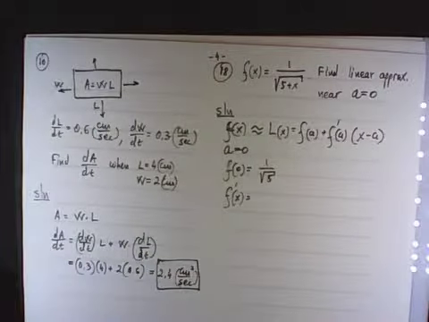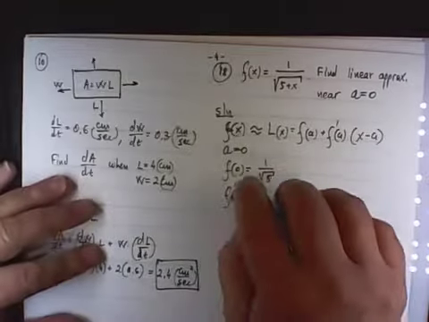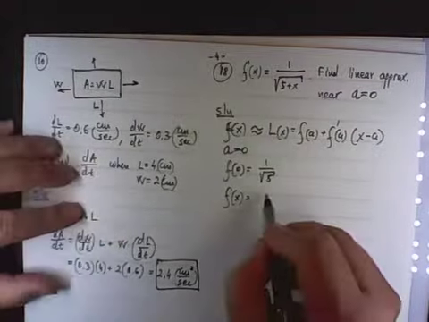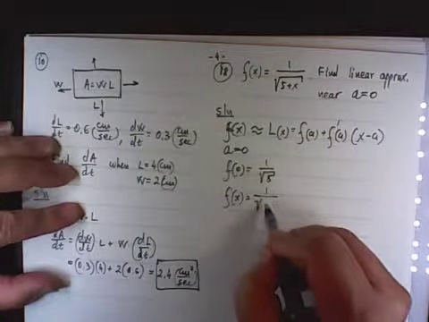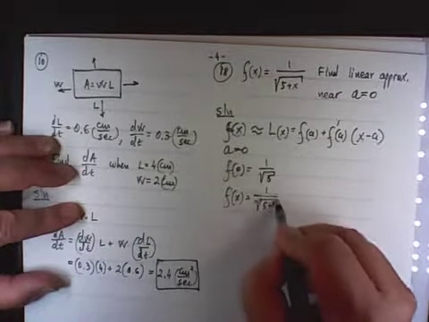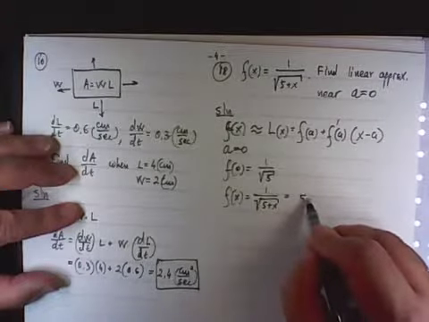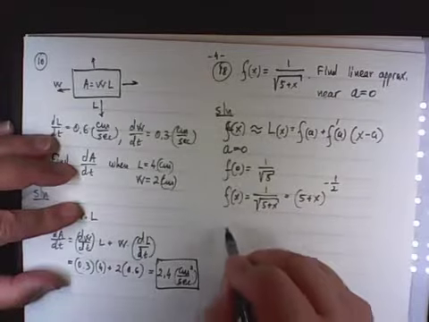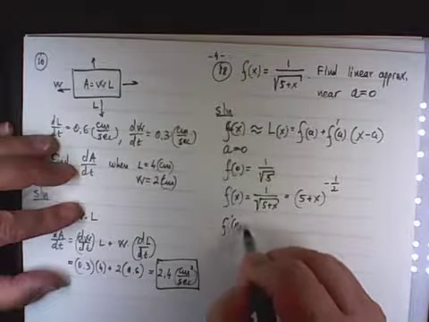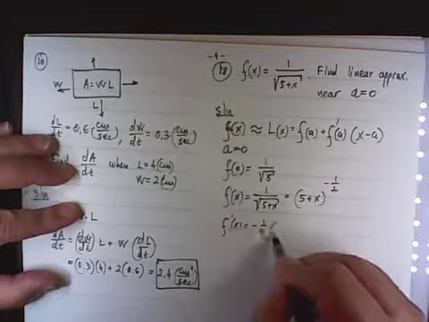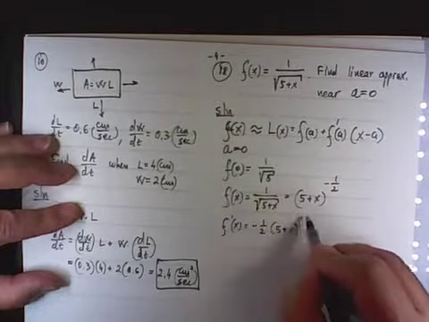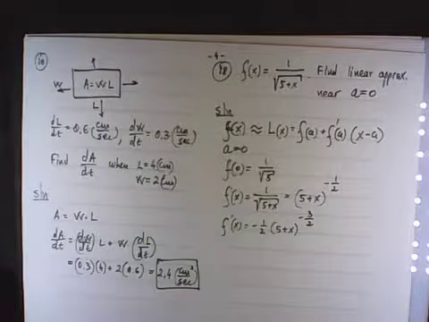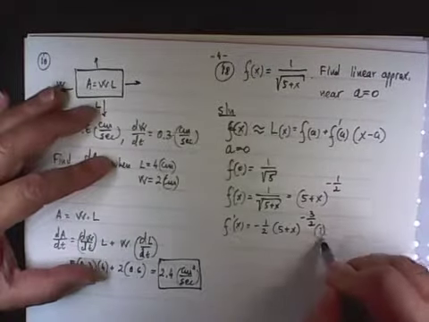Before we go to f prime, let's rewrite f of x using power function notation. Instead of the radical, I'll write 5 plus x to the power of negative 1/2. So f prime will be negative 1/2 times 5 plus x to the power of negative 3/2. And the derivative of 5 plus x is 1, so times 1.